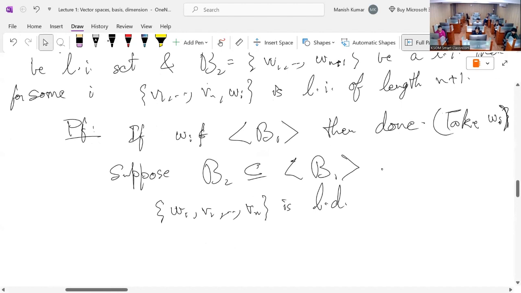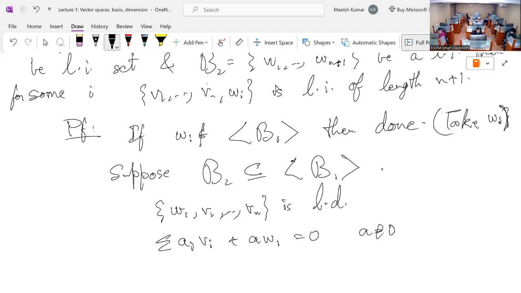So in the expression for W1, there is a linear combination of ai Vi plus some a W1 equal to zero, with a not equal to zero, because if a is zero, then the Vi's would be linearly independent.